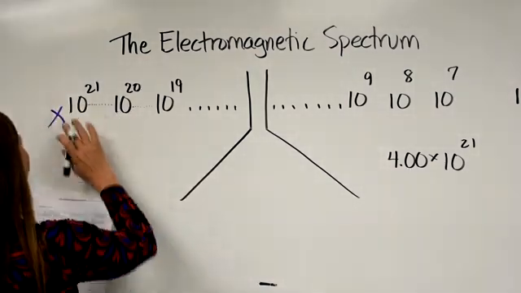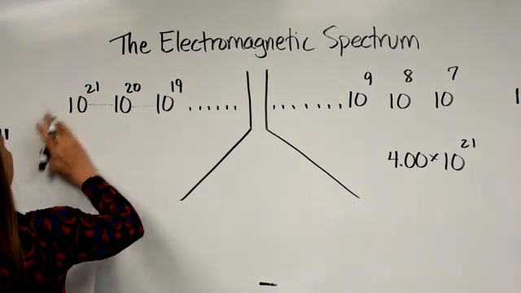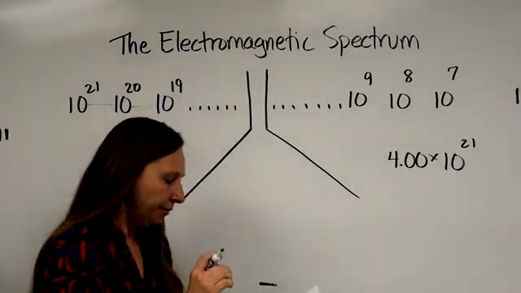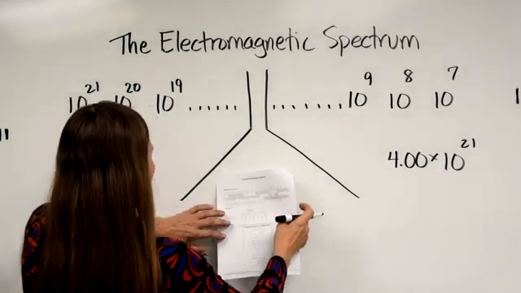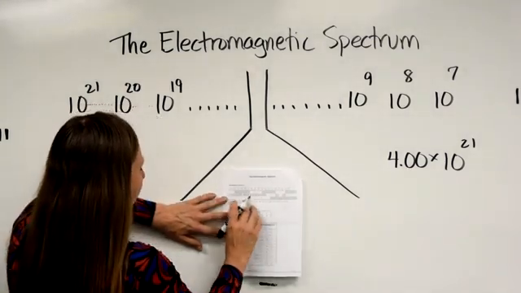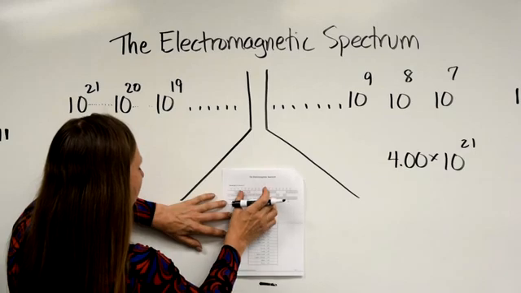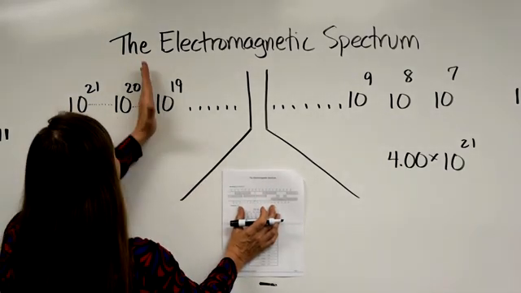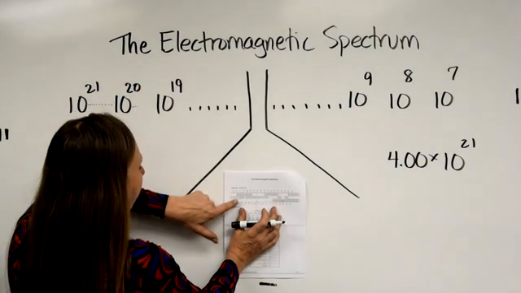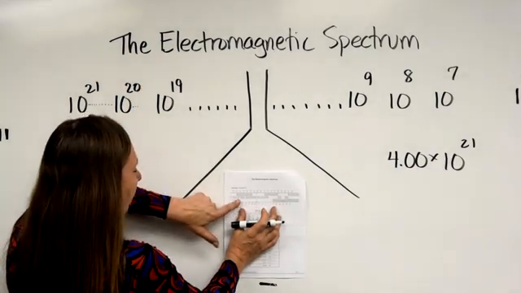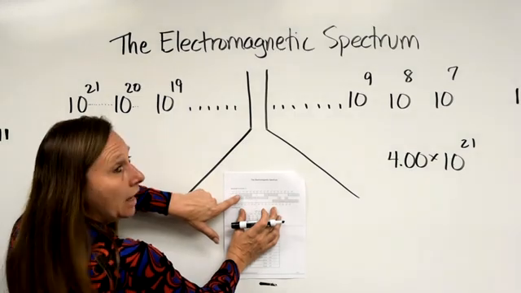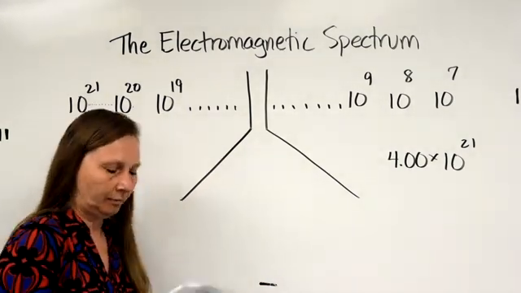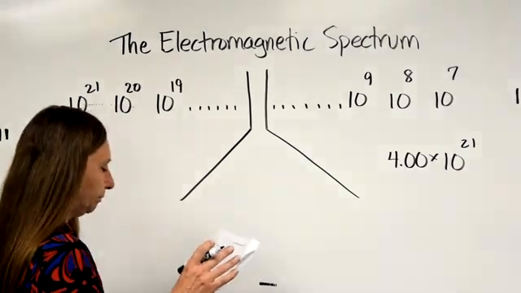Now, what if it was 4 times 10 to the 19th? What if it was in here someplace? If you look on the chart, 4 times 10 to the 19th, right about here, right between 10 to the 19th and 10 to the 20th, if you go straight up, that could either be gamma rays or X-rays. They overlap a little bit. All right, now, try another one.